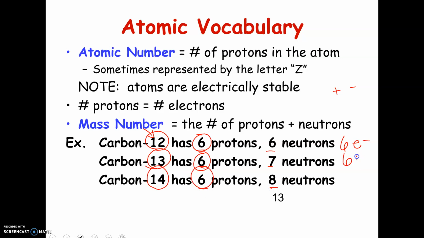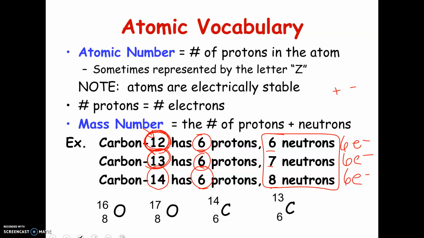And again, it would have 6 electrons. So the protons and the electrons, unless they tell you otherwise, are going to be equal, unless it's an ion. An ion is an atom with a charge, and we'll talk about that. But the number of neutrons, notice that can change. And also make sure you know what this number means, this isotope notation, that this is called the mass number.